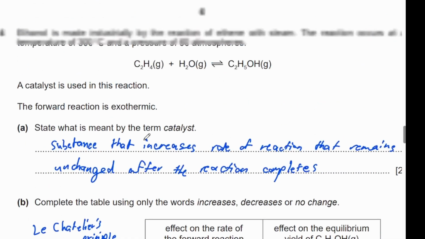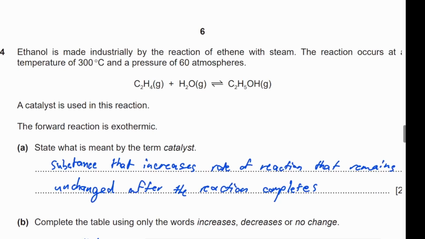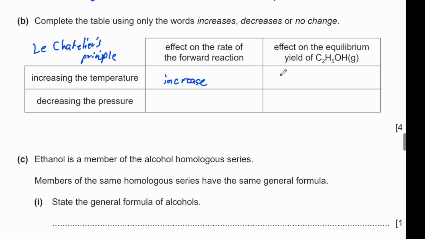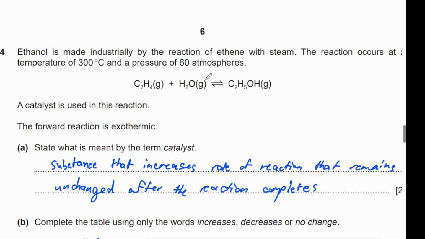So, if I were to increase the temperature, the effect on the rate of reaction would increase because the particles will have more energy, therefore they'll collide more, and the rate will increase. However, the equilibrium yield of C2H5OH will decrease because the forward reaction is exothermic.